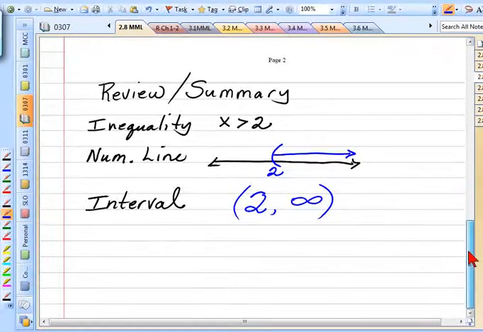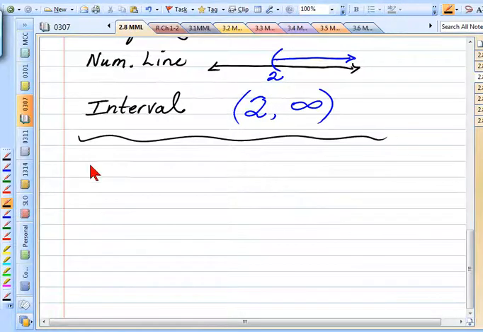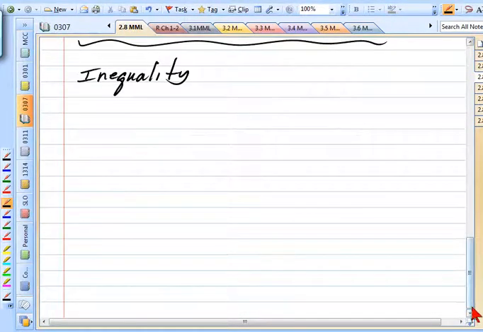Let's look at another one. Let's suppose that I had the inequality of x is less than or equal to 4.